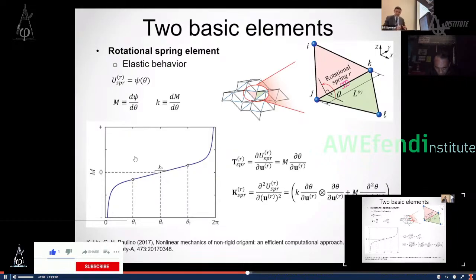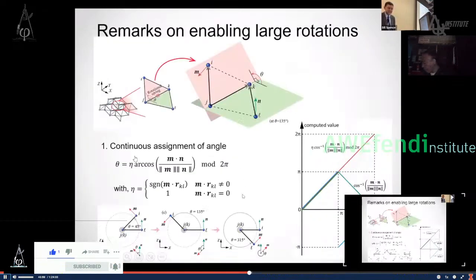They are totally different, and we need to capture the entire range, and this allows us a simplified way to take care of contact with these barriers close to 0 and 2 pi, and then I can go and build the internal force vectors and build the stiffness matrices.